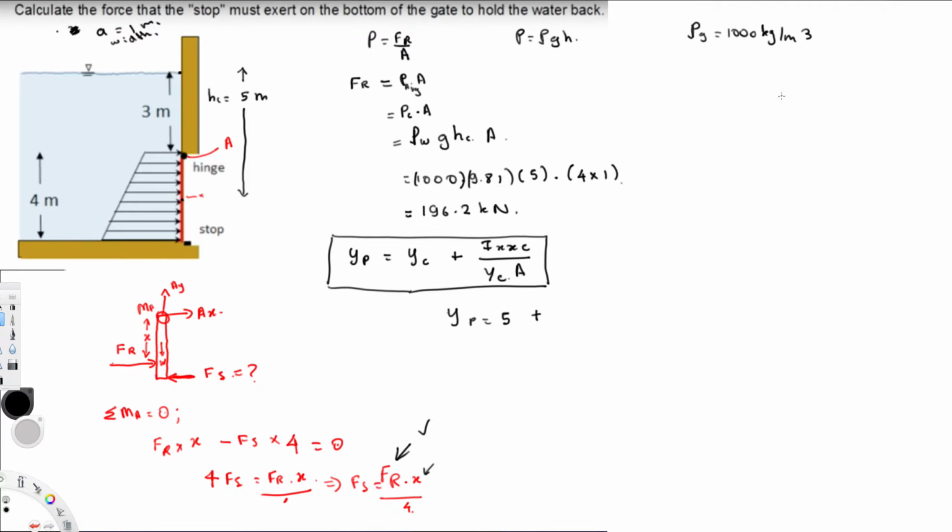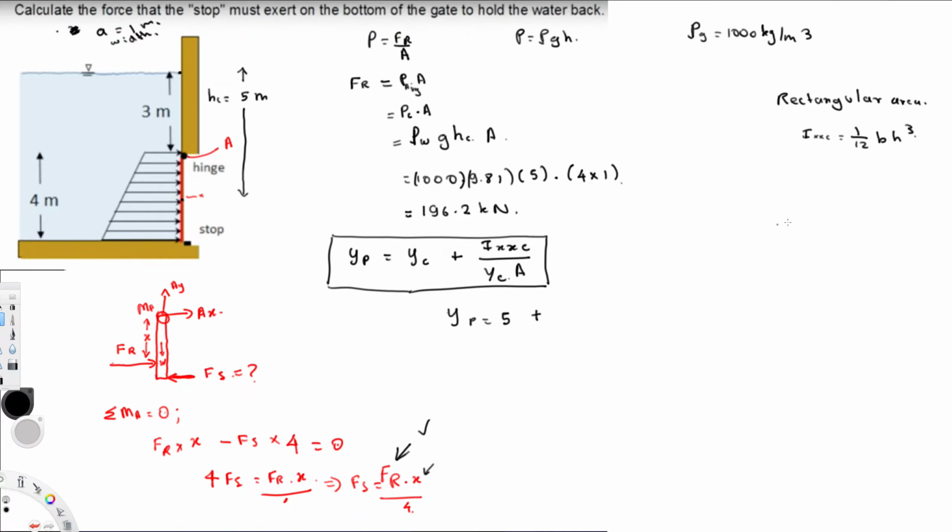For a rectangular area, the area moment of inertia Ixxc is equal to 1 over 12 times the base times the height cubed. That's how we calculate the area moment of inertia.